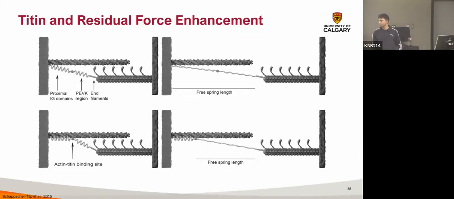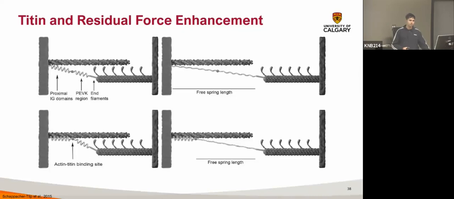Is the point where you fix always the same element of titin where the thing breaks? Does it move around? I would say that the point on titin would be consistent, but on actin, I'm not sure whether the point is the same. So it's always the same on titin. I think it's the same point on titin, yeah.